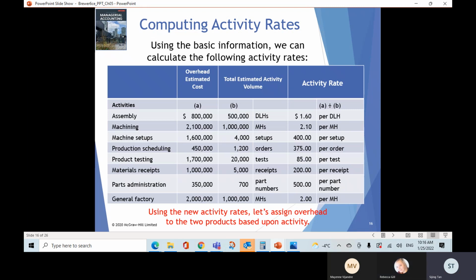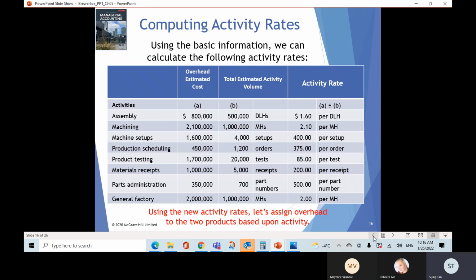Assembling, the overhead estimated cost is $800,000 that was given. And the total estimated activity volume will be 500,000 direct labor hours. So you can calculate your activity rate, use A divided by B, you have $1.60 per direct labor hour.